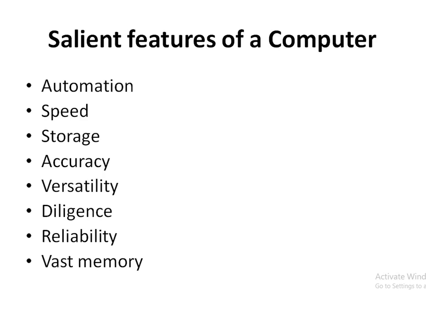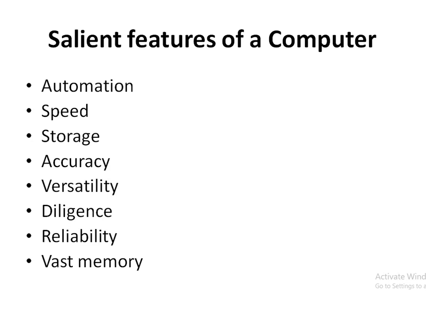Let us see the next. What are the salient features of a computer? Automation. You know about that. There are many things done automatically. Automation is one of the salient features of a computer. Speed. You can imagine the speed with which a computer works.